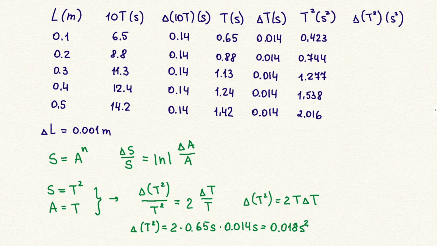So now I can fill out the last part of our table. And also, you will notice here that the value of uncertainty increases as the value of T squared increases, because in order to calculate uncertainty in T squared, we multiply by T itself. So as T increases, the uncertainty in T squared increases as well.